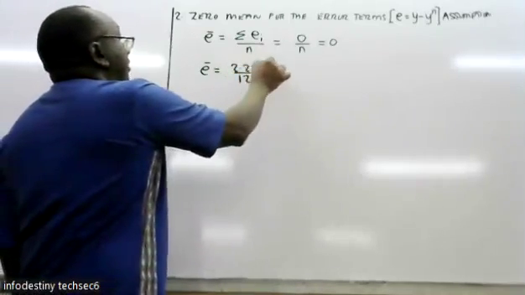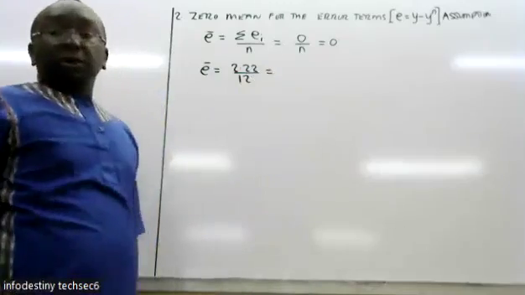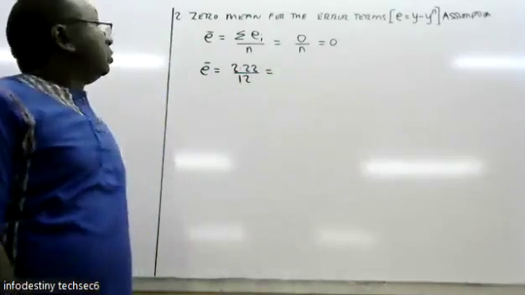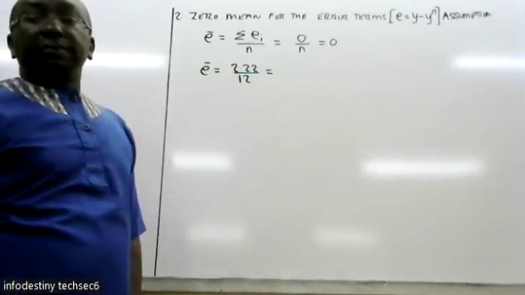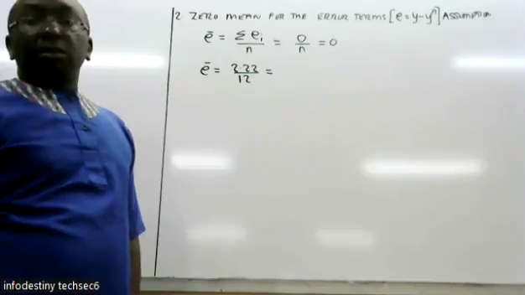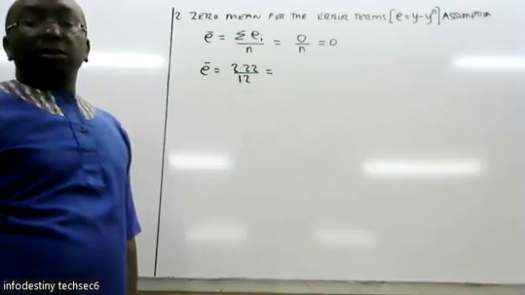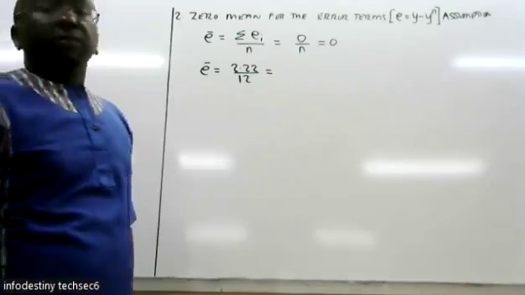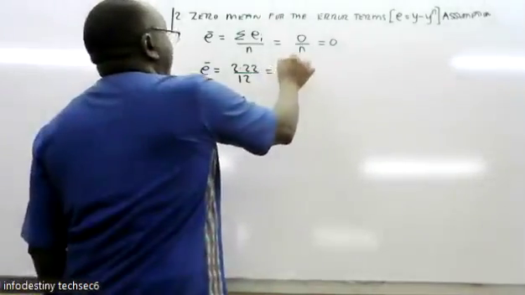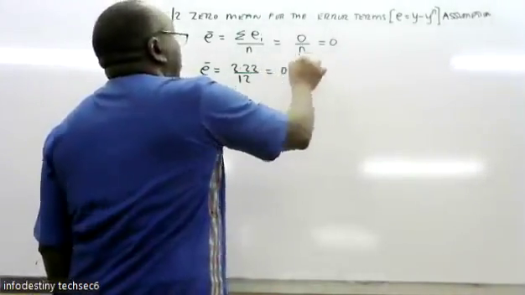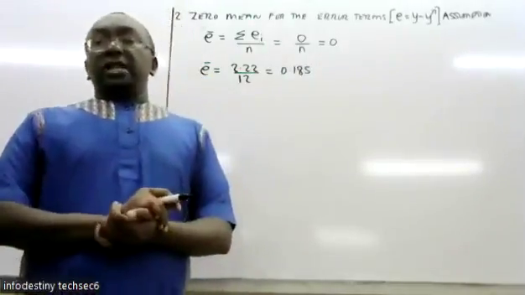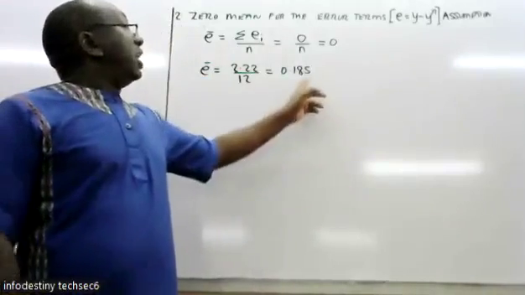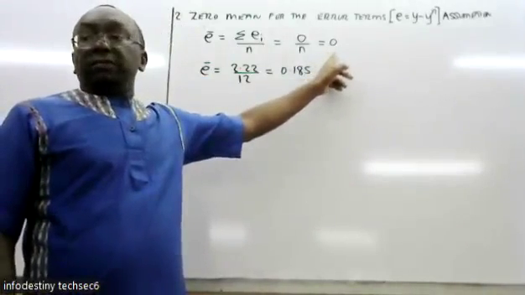So divide this 2.22 divided by 12, give me to 2 decimals. 0.185.